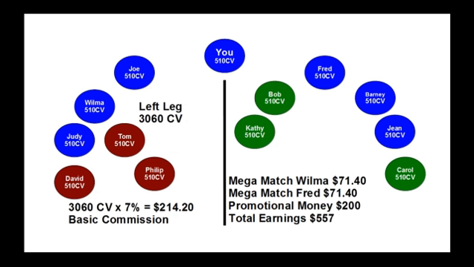Wilma's basic commission jumped to $21.40. Fred's jumped to $21.40. You also earned the promotional money of $200, so your total earnings went from about $147 to $557. $410 more in earnings because you're teaching the Elite Honors program down through your organization.